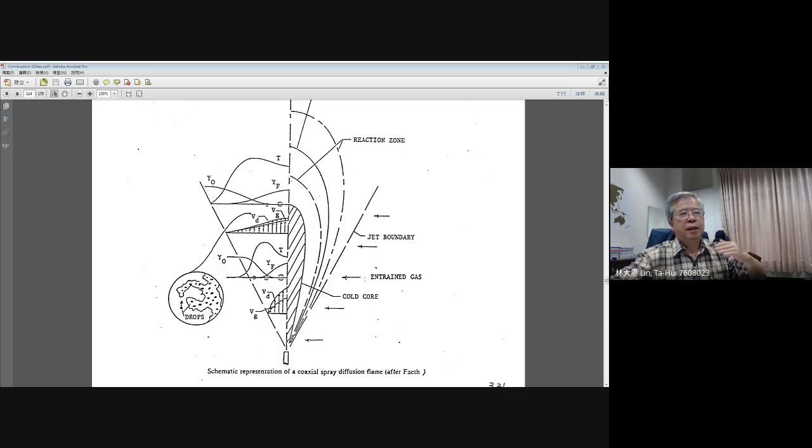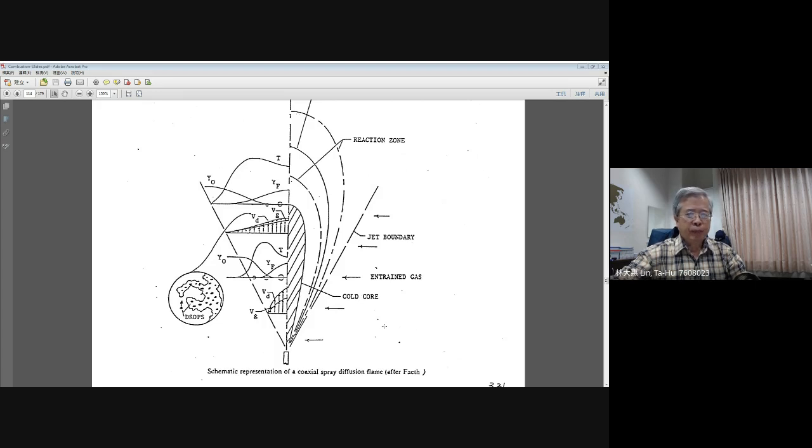If you look at the flame structure or flow structure from the upstream side to the downstream side, you will find that the liquid behavior becomes less important, because the droplets go through the gasification process and become vapor, or they burn with oxygen to produce products. And this is an overall picture, a schematic representation of a coaxial spray diffusion flame. It is more related to the full cone spray.